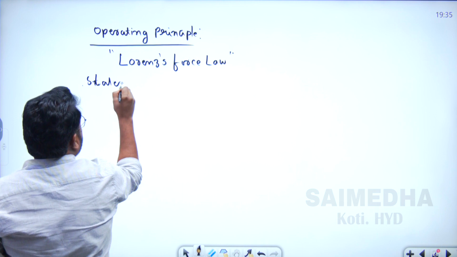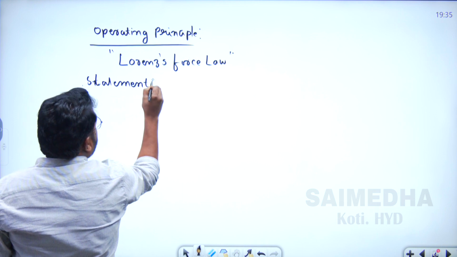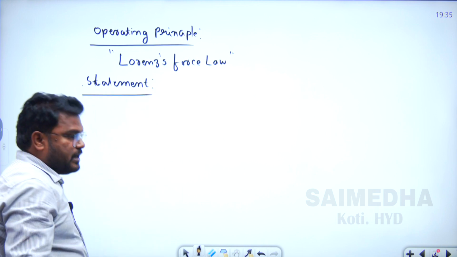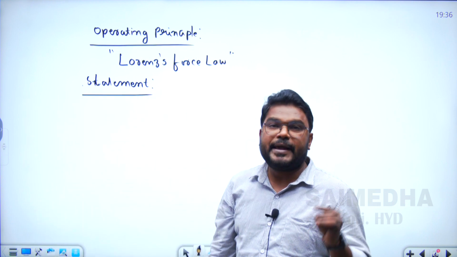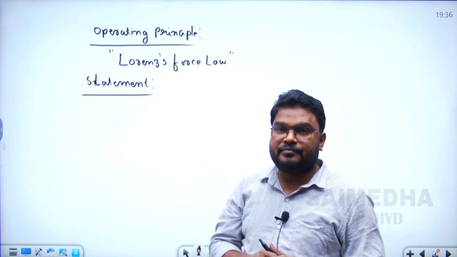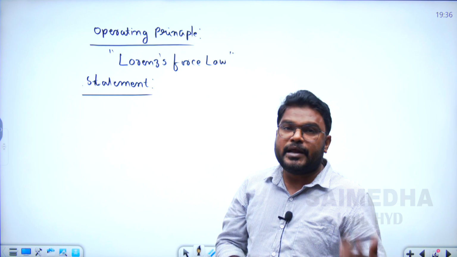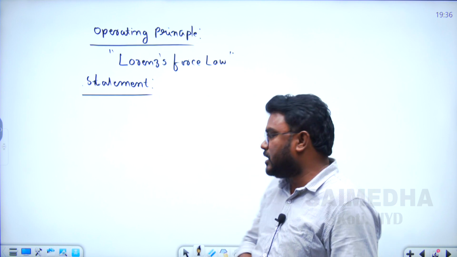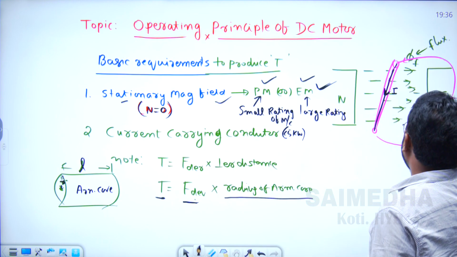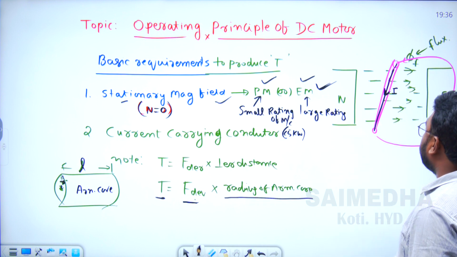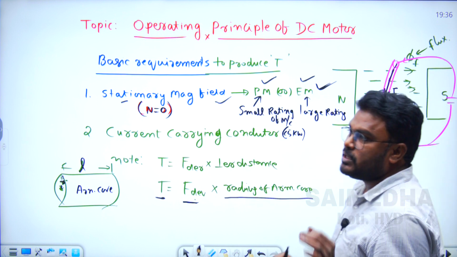this Lorentz force law? Whenever a current carrying conductor is placed in a stationary magnetic field, the force experienced by that conductor. So that means we have a magnetic field, north pole and south pole, and flux lines are passing from north pole to the south pole.